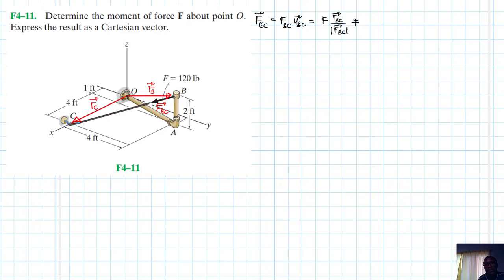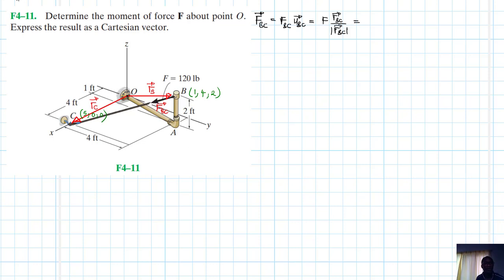The coordinates for this one: in X it is 1, in Y it is 4, and in Z it is 2. And for this one it is 5, 0, 0.